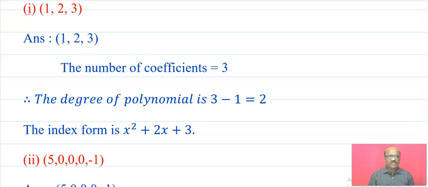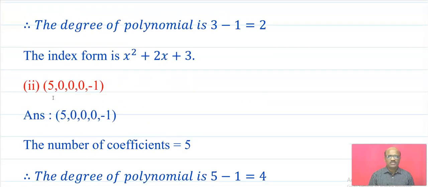We take 1, 2, 3 as coefficients and write their exponents, the index, in decreasing order, that is 2, 1 and constant. Therefore, x square plus 2x plus 3. We take the constants 1, 2, 3, and the powers of x decrease one by one.